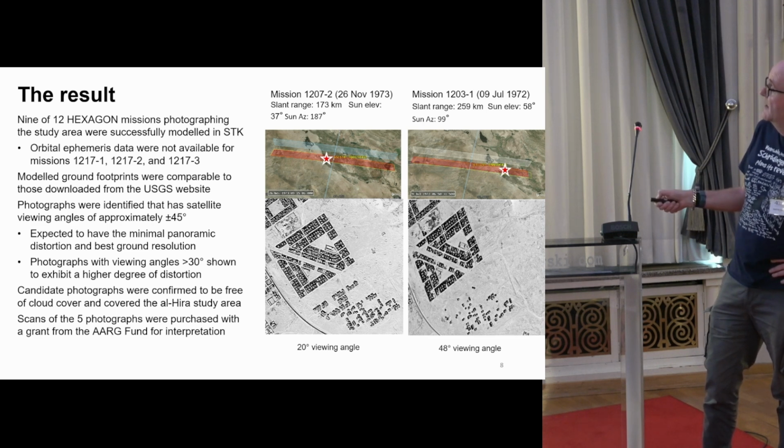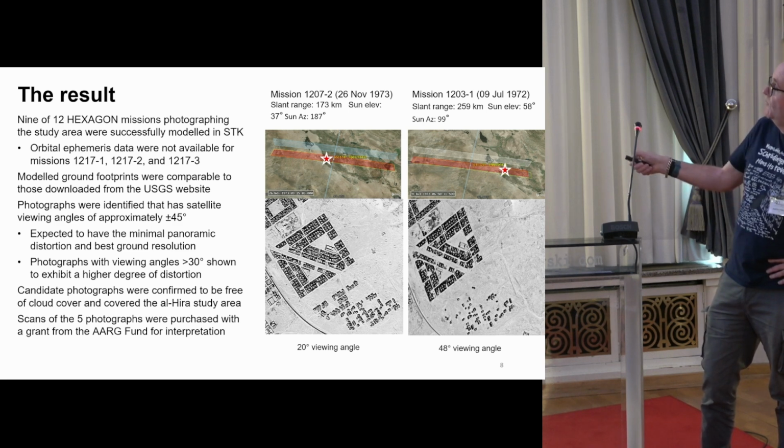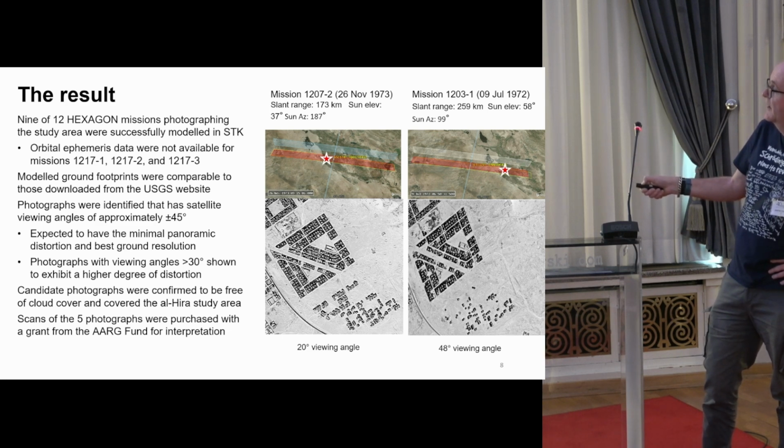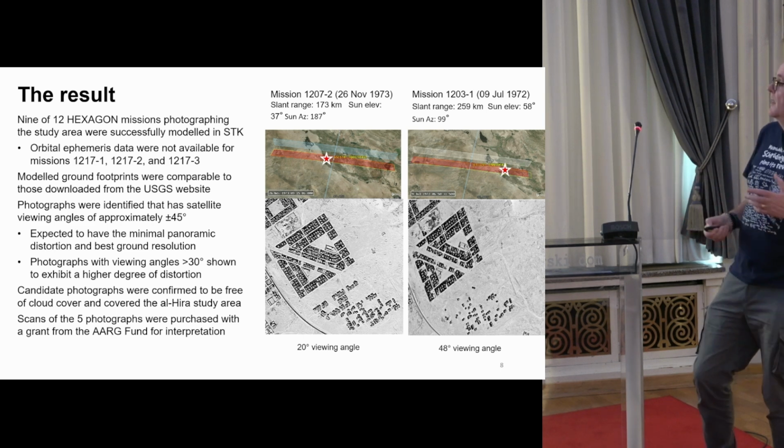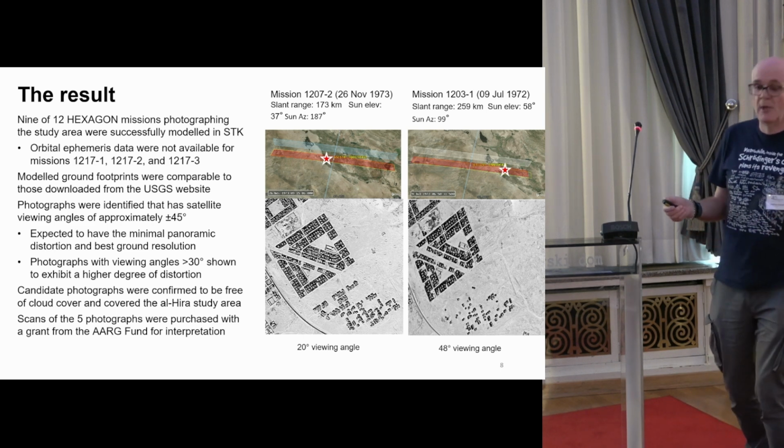So this is part of the more modern settlement, al-Najaf, which is very close to the line of flight of the satellite, and it's slightly distorted, but when you get further away, there's far more distortion.